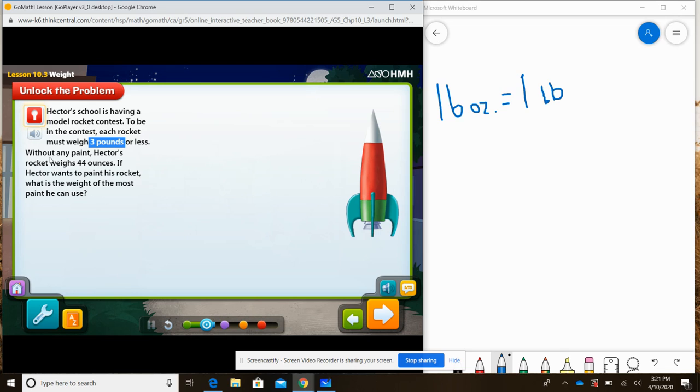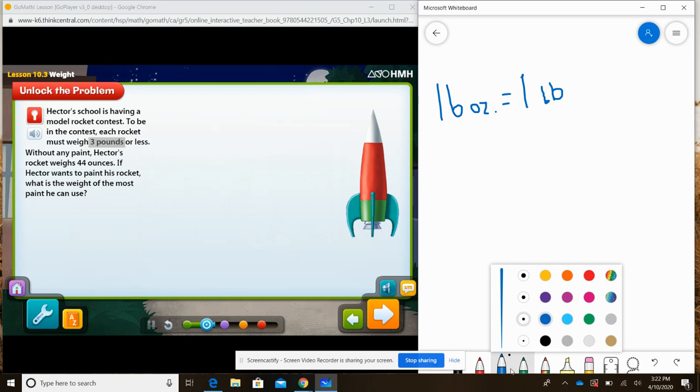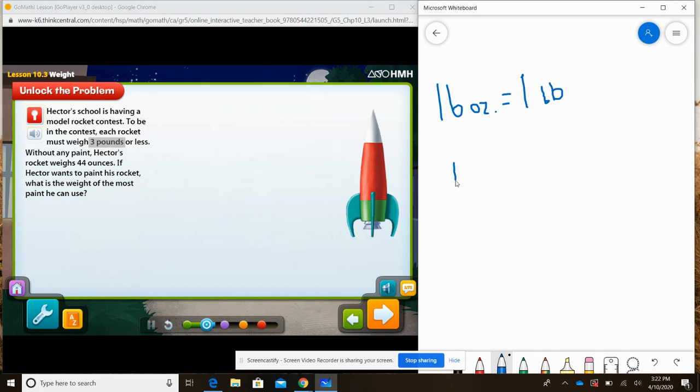His rocket currently weighs 44 ounces. If I know that 1 pound is equal to 16 ounces, I can multiply 16 by 3, because 16 ounces 3 times would give me 3 pounds.